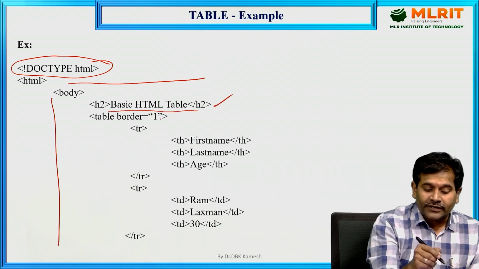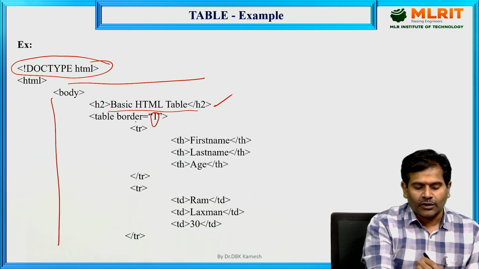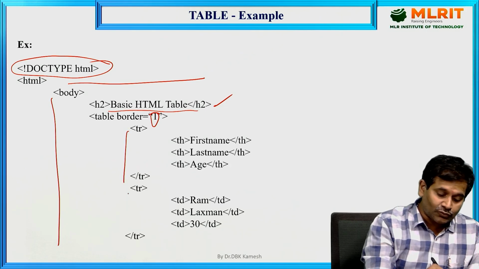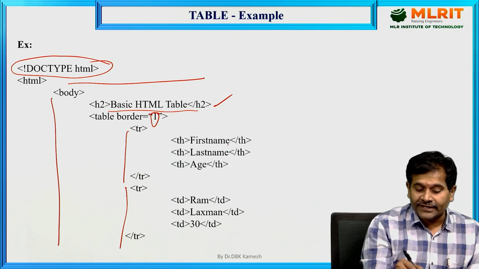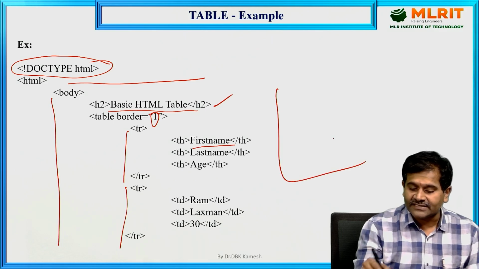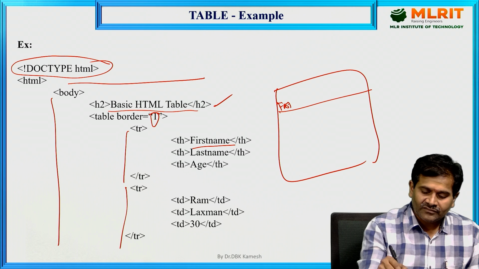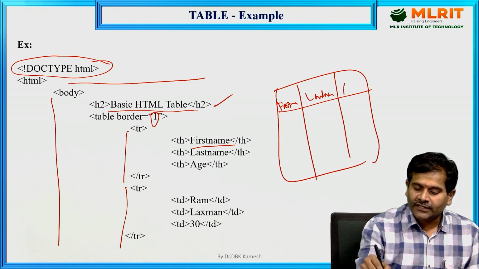Then the table border is 1; you need to give 1 or 0. Inside, the data means table rows; we have selected two rows. The first is the table header: first name, followed by last name, followed by age.